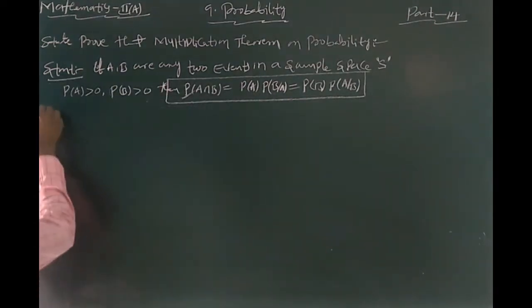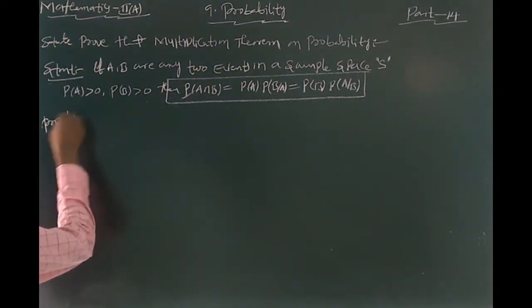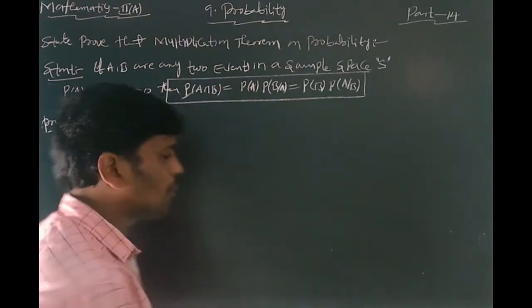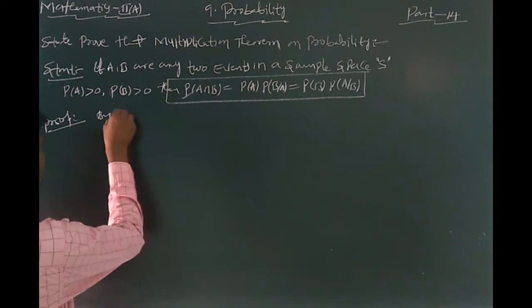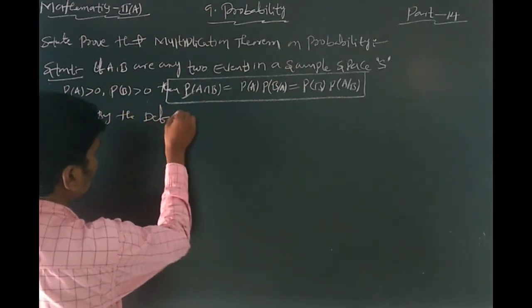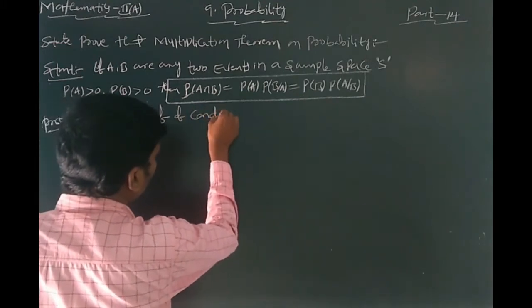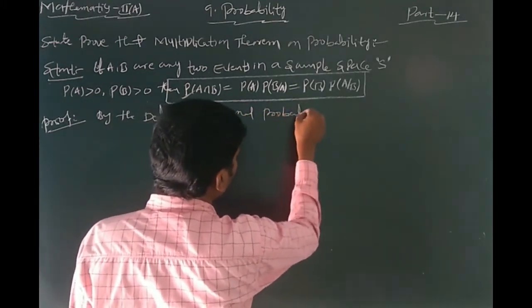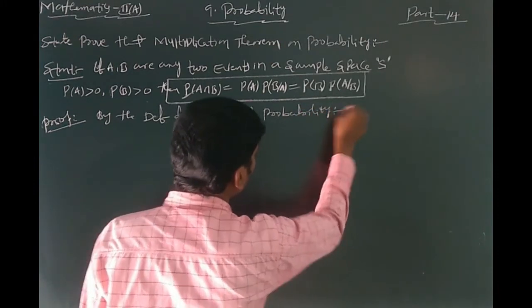This is the statement of the multiplication theorem on probability. After that, you can do the proof. In this proof, first you write the definition of conditional probability.